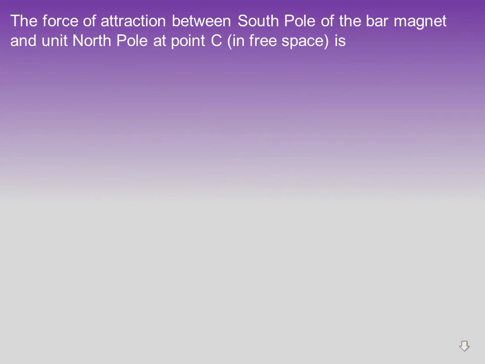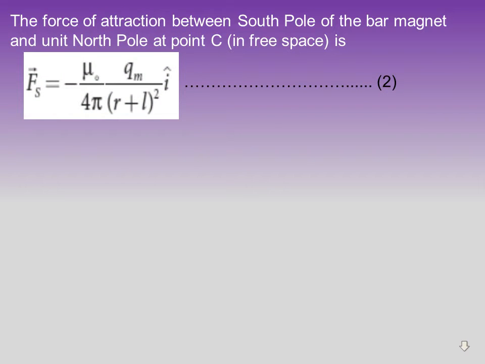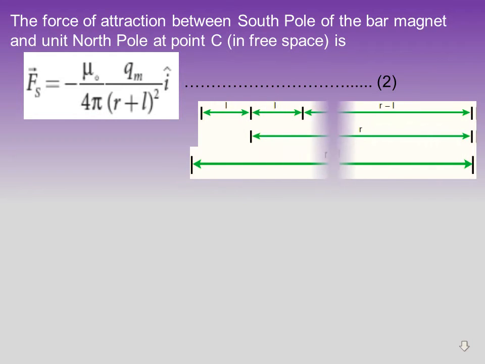The force of attraction between the south pole of the bar magnet and the unit north pole at point C, in free space, F s vector is equal to minus mu naught by 4 pi into Qm by (r plus l) the whole square into i cap. This is the length between S and the midpoint O, that is l.